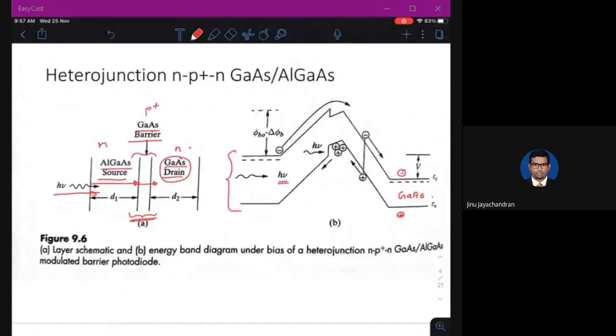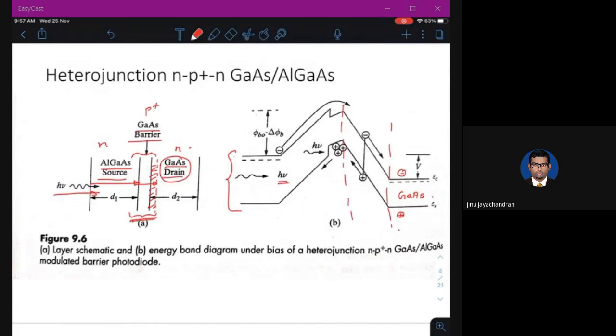You can get a depletion layer here also, a small depletion layer, which is shown like this. This is that depletion layer in this junction. Now in this junction, you can create an electron-hole pair.